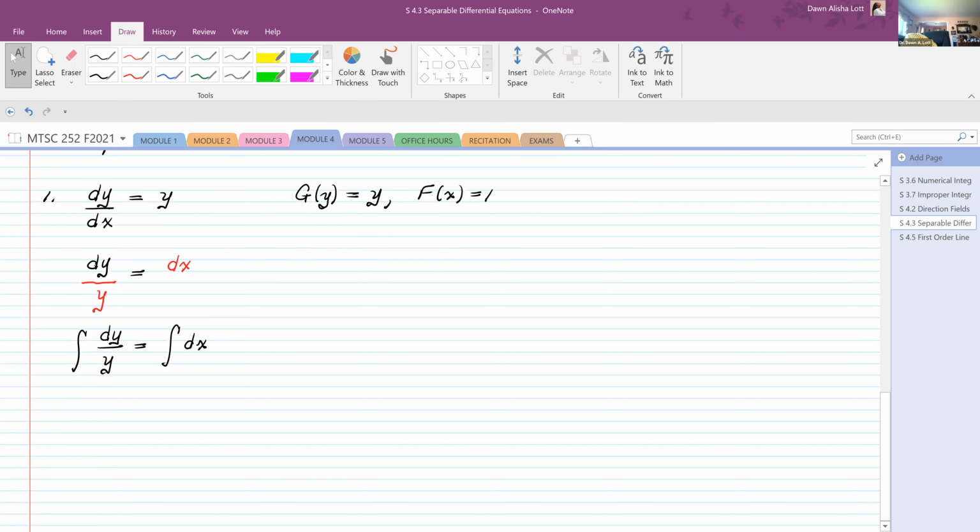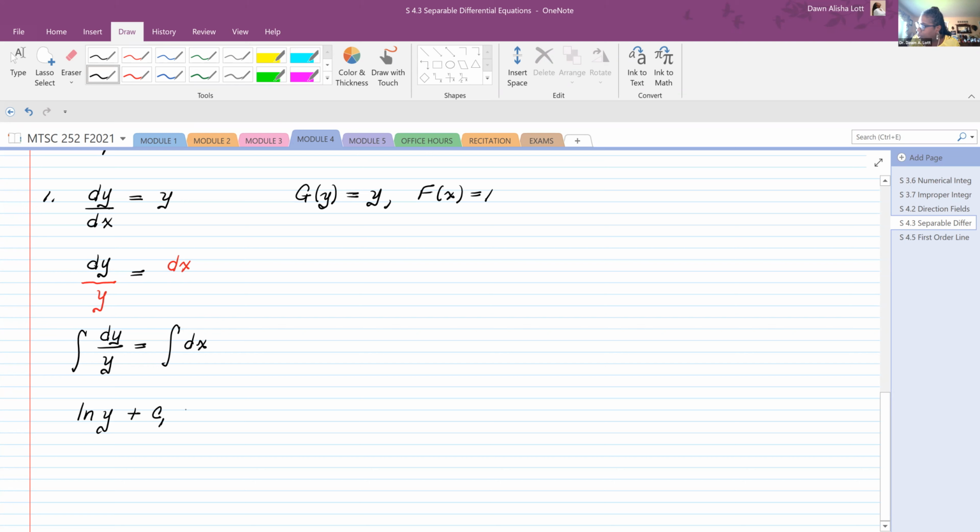It's the same as the integral of dx over x or du over u. It's ln of y. I'm not going to worry about the absolute value because it will be taken care of in the constant. I get a plus c.